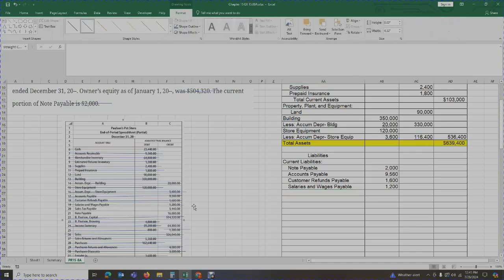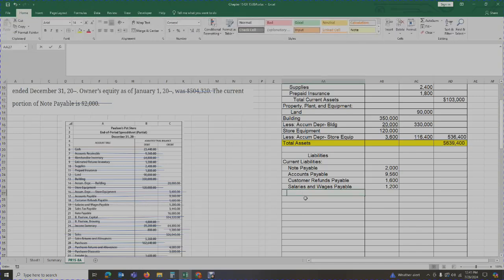And then we have our sales tax payable. Those are also paid depending on the business, within every month, every quarter, it just depends. So we have sales tax payable, and my sales tax payable is $3,440.